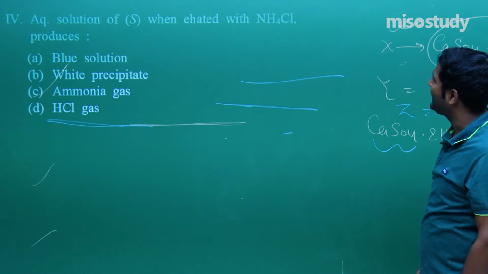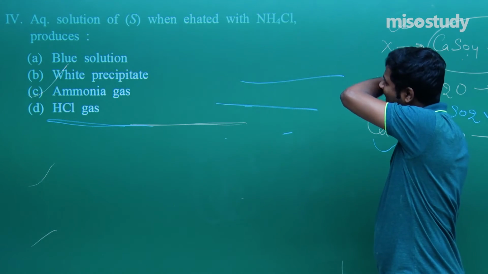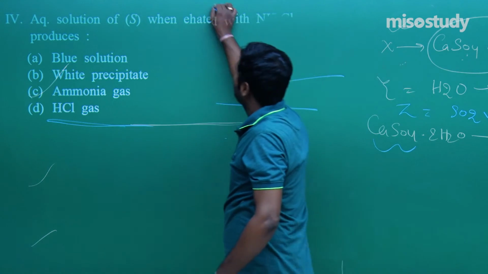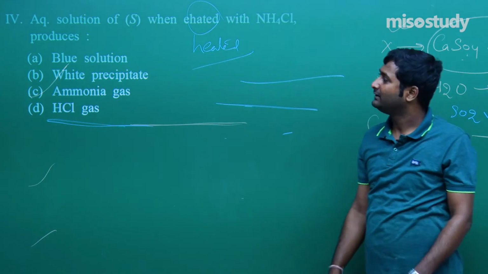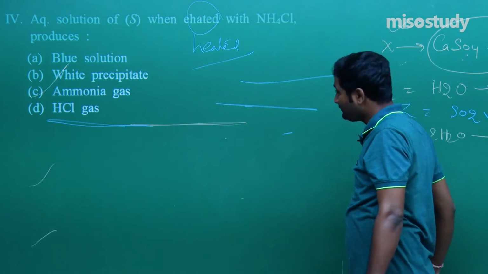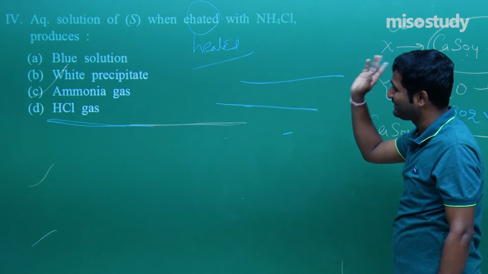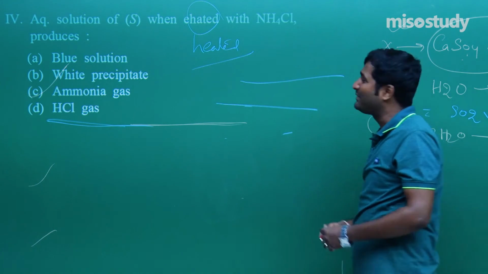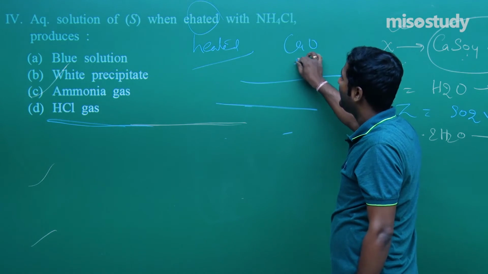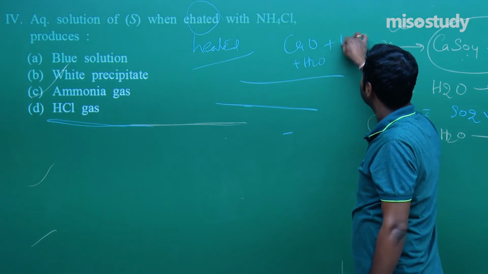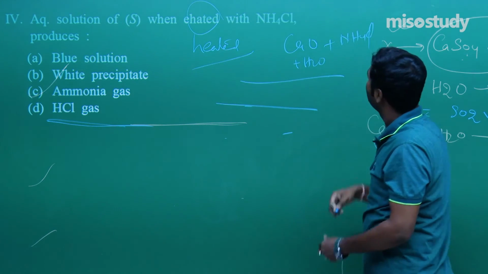Aqueous solution of S when heated with NH4Cl, then it gives, look at, there is an answer also there, ammonia gas. We people know CaO, aqueous solution of S, that is H2O plus NH4Cl. Yes sir.